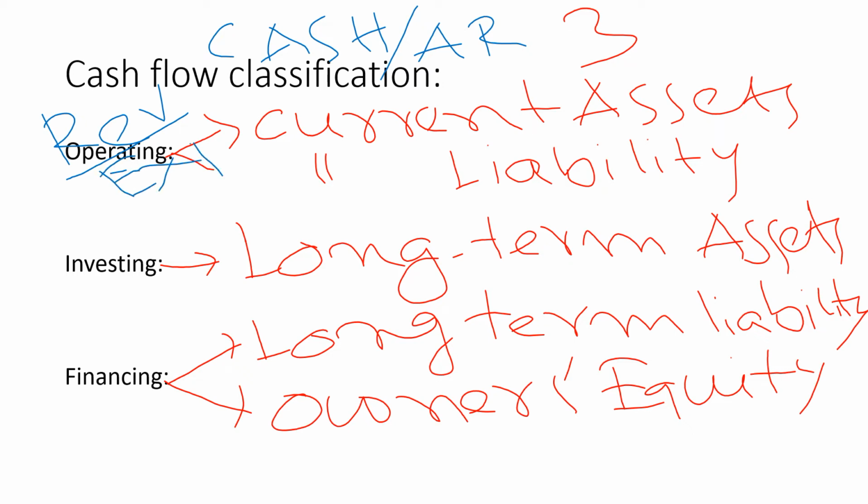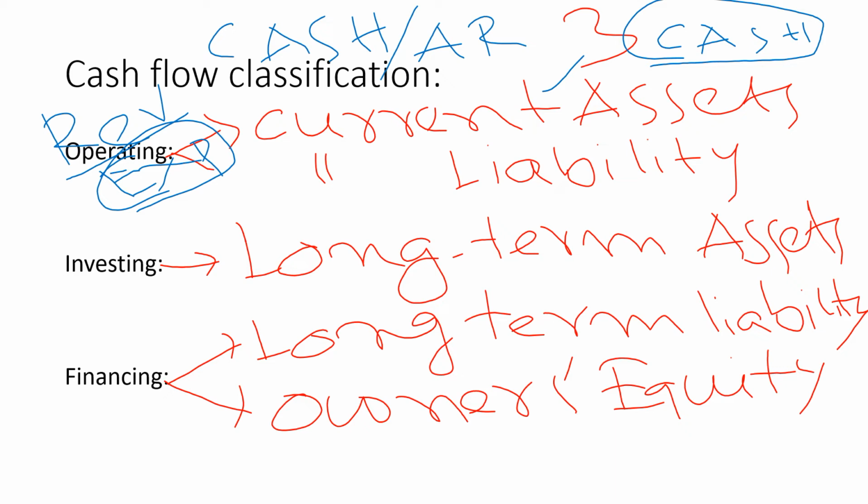Suppose that workers have worked for us, but we have not yet paid. Either we will pay cash, that is current assets, or if we don't pay cash, we will have a liability, salaries expense debit and salaries payable credit. So salaries payable is a liability.